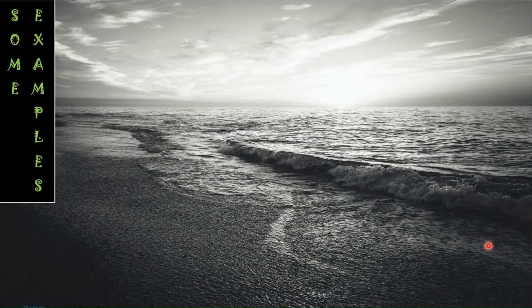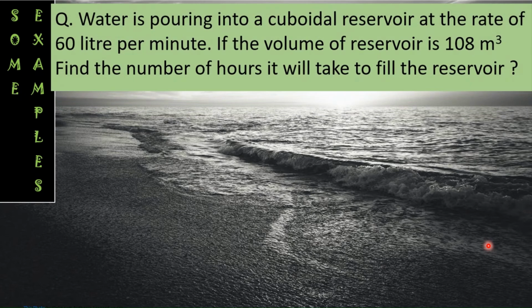Now let us try our knowledge with some examples. Let us apply it. So one question is, water is pouring into a cuboidal reservoir at the rate of 60 liter per minute. If the volume of the reservoir is 108 meter cube, find the number of hours it will take to fill the reservoir. We will read the question 2 times to understand it. So there is a reservoir.